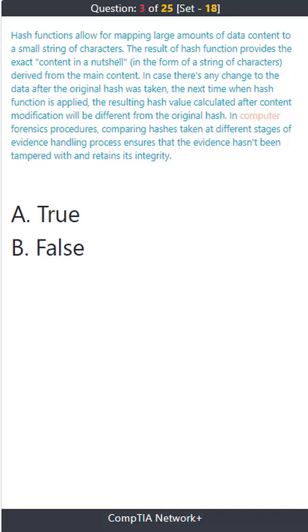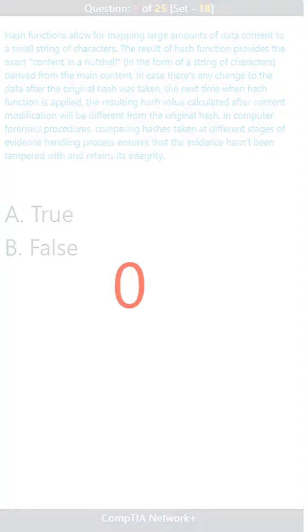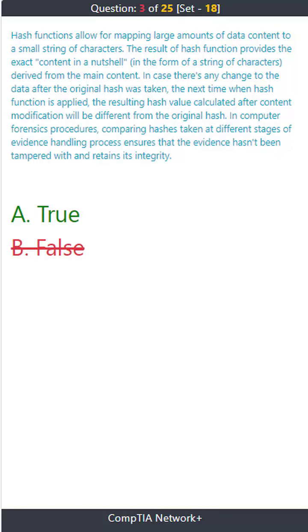In computer forensics procedures, comparing hashes taken at different stages of the evidence handling process ensures that the evidence hasn't been tampered with and retains its integrity. A. True. B. False. The correct answer is A. True.